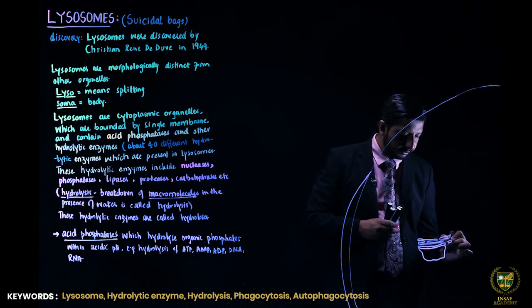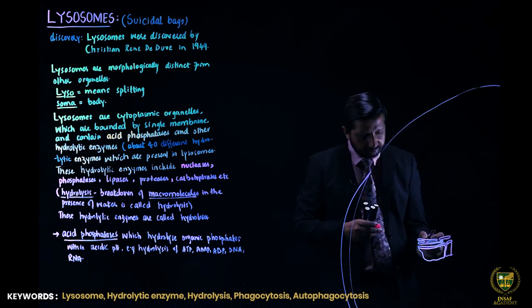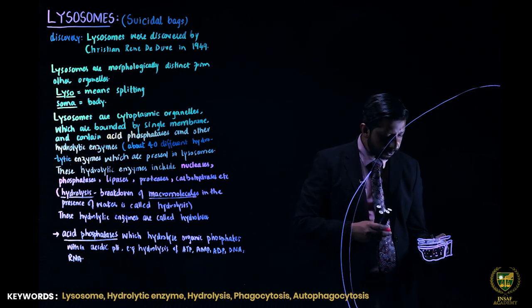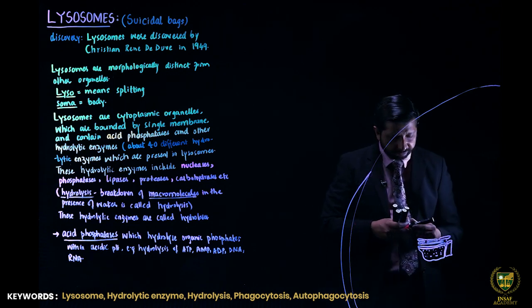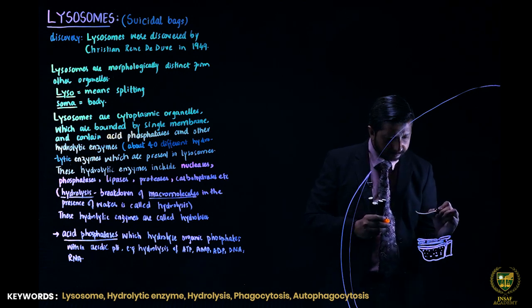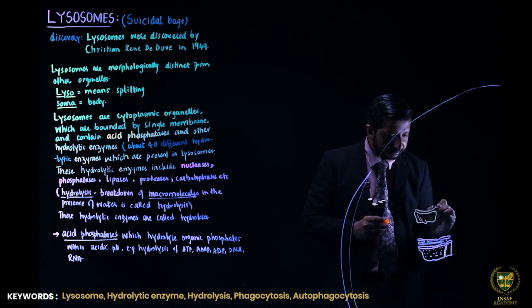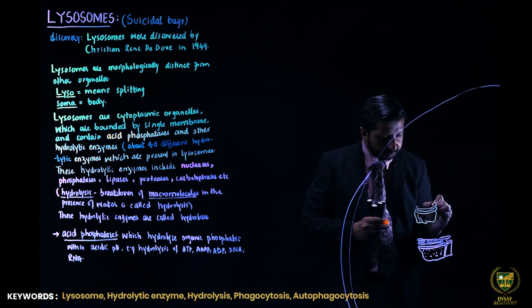So that is basically the endoplasmic reticulum here, and this is the rough endoplasmic reticulum, and you can see the ribosomes attached to it. And from here, these are the cisternae of the Golgi apparatus.